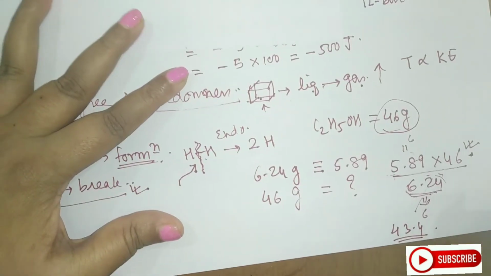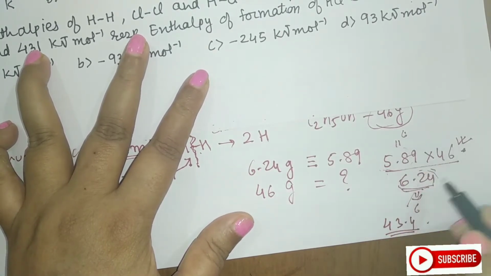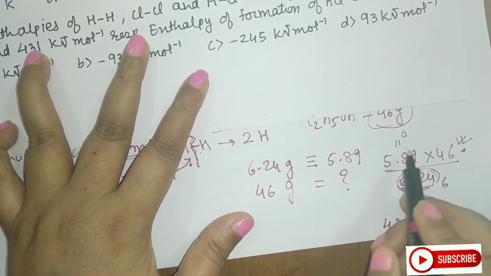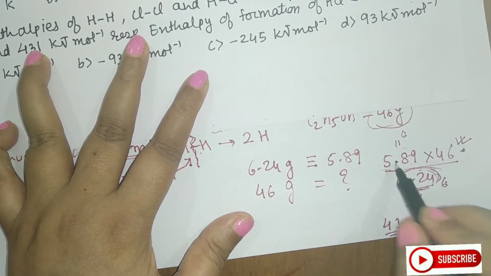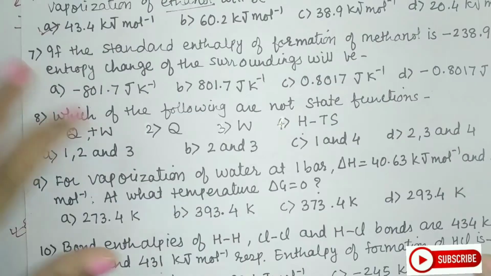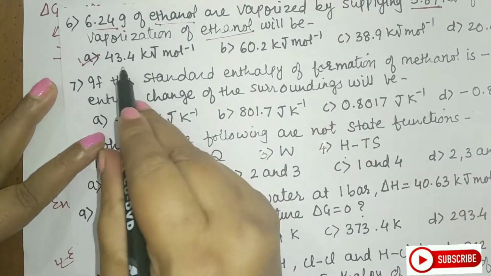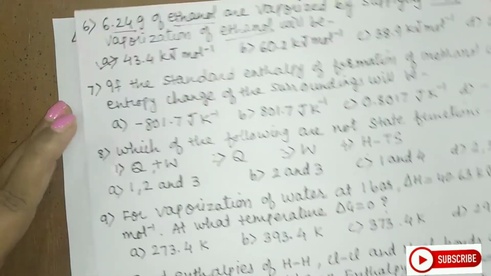This is how you come close to the options. I have rounded off this to 6 and this also to 6. But this value is higher as compared to this, so when I divide by a higher number, it will be slightly less than 46. So if I see the options here, less than 46 is the first option, that is 43.4. Let us see the next one.